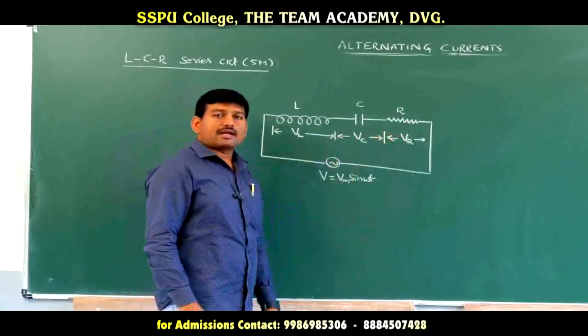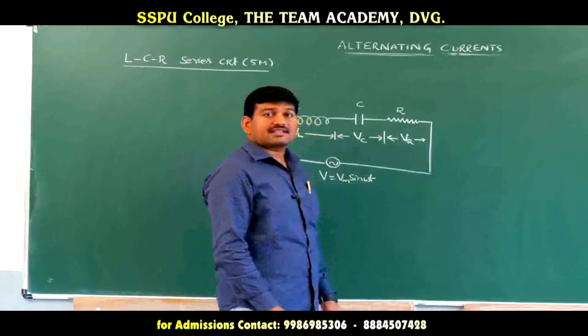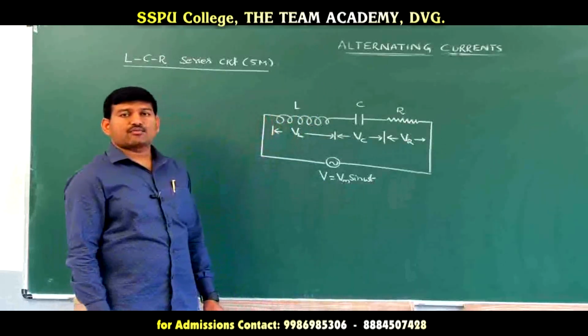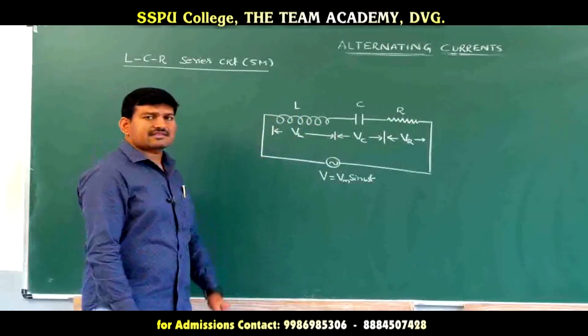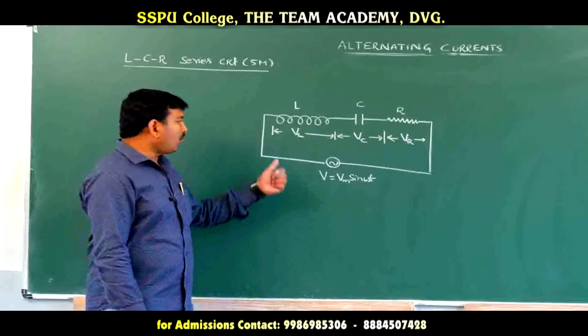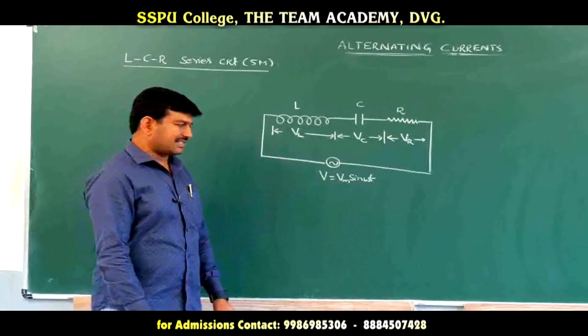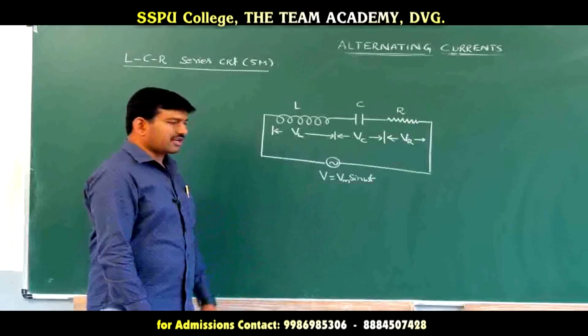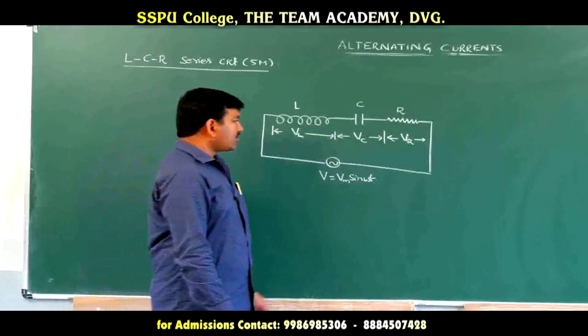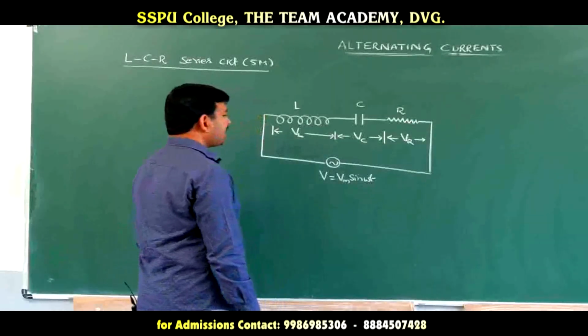A phasor is nothing but a rotating vector whose projections on the y-axis give the voltages across the inductor, capacitor as well as the resistor. This is the applied voltage. Is it clear or not? So here, according to the phasor diagram, what I can say.